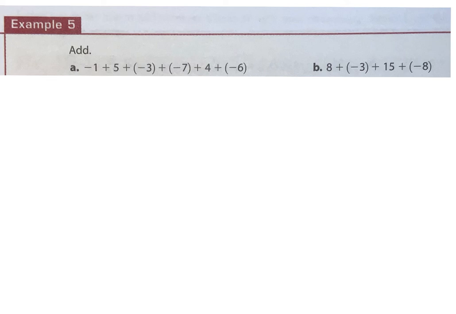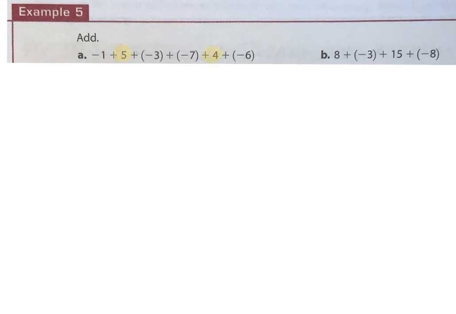So if I start with my positive, I have a positive 5 and a positive 4. What is that going to give me? 9. And so I'm going to write, well, I have a positive 9. And then for my negatives, I have a negative 1, a negative 3, a negative 7, and a negative 6.